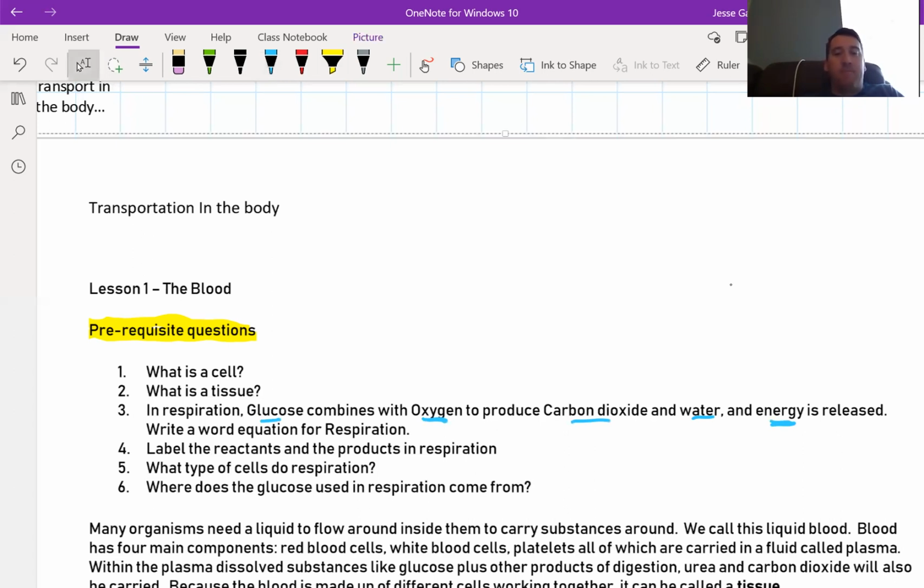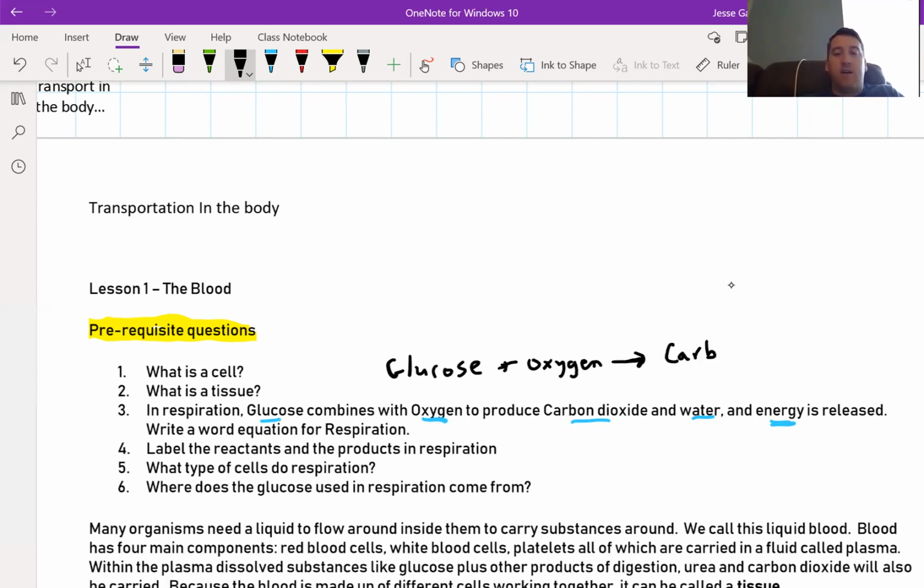What you should have done here is you should have written glucose plus oxygen. That's what it tells us in the sentence. It says they react to make or to produce. So the arrow shows that they turn into these two things: carbon dioxide plus water.